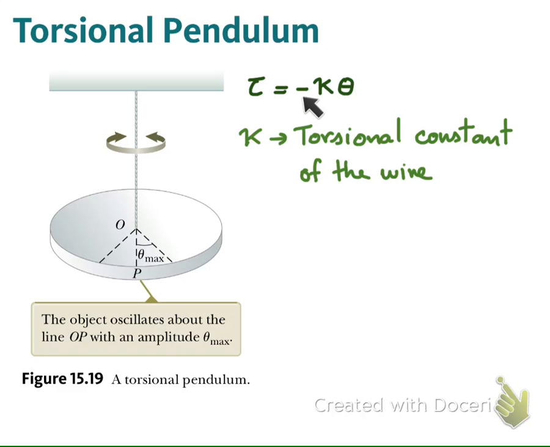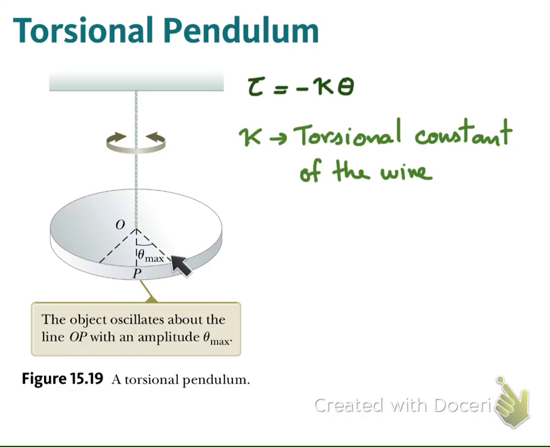The minus sign here tells us that the restoring torque will try to twist back to the equilibrium configuration. That is, if you try to rotate this rigid disc in this direction, counterclockwise, the restoring torque will try to twist it back to the equilibrium position.